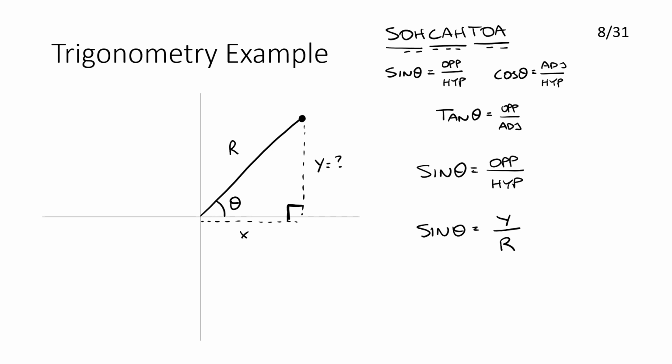All right, so now if I wanted to solve for y, how could I get this all by itself? I just multiply this r over to the other side. So we have y equals r times sine of theta.